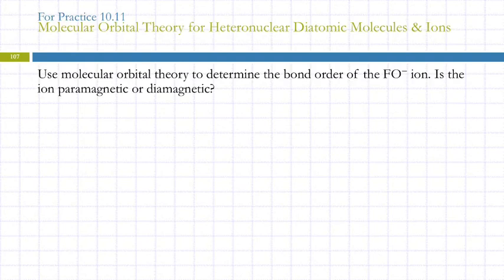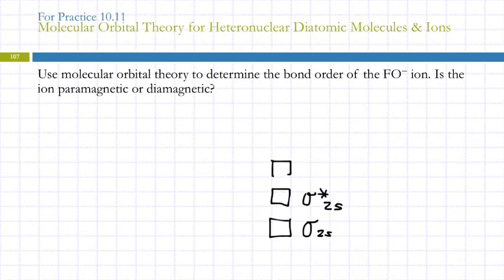So for fluorine and oxygen, they've got 2s, and so the 2s are going to make a sigma 2s and a sigma star 2s. And then the 2p orbitals, fluorine and oxygen are both on that regular side. So they're going to make sigma and sigma star, and then 2 pi and 2 pi stars.